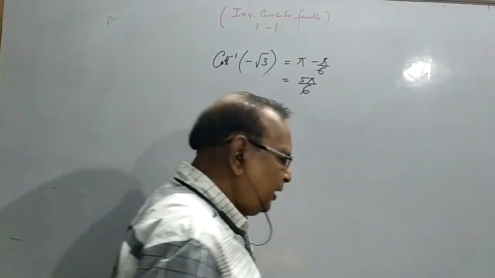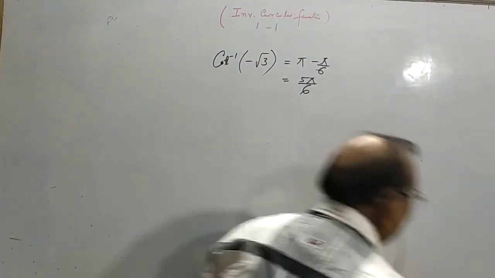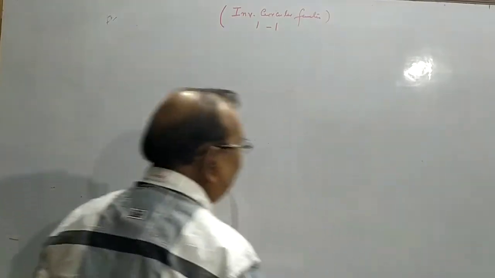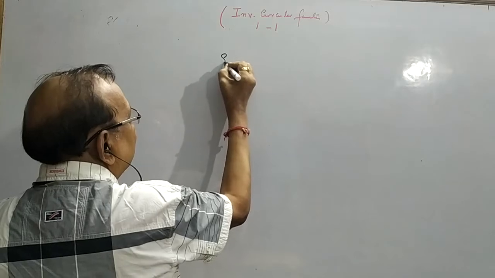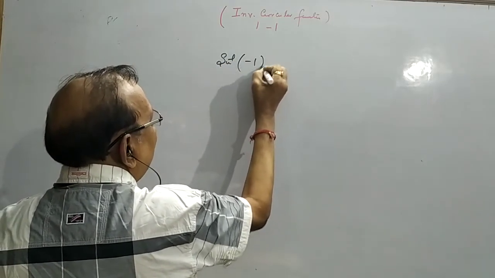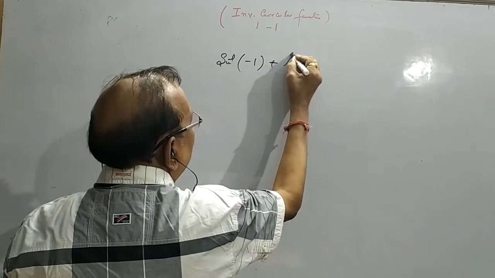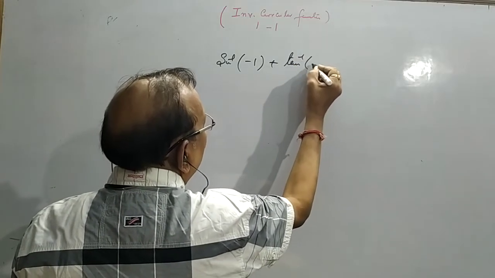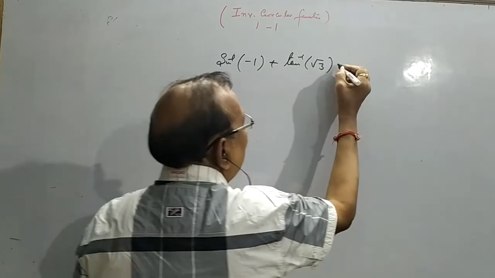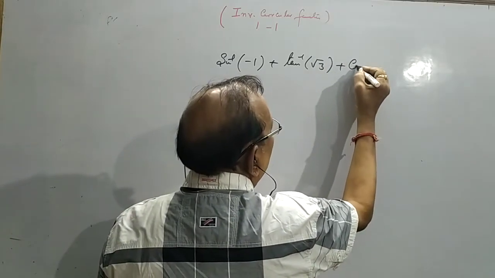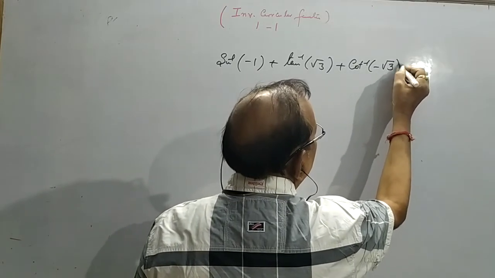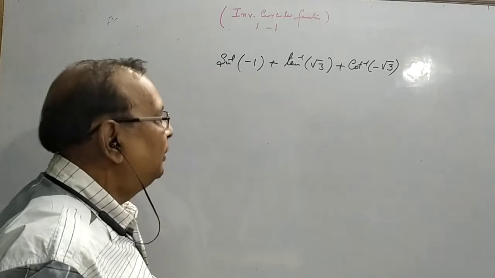Now, if we consider another example in general, suppose we are interested to get the value of sine inverse minus 1 plus tan inverse root 3 plus cot inverse minus root 3. How will we get?